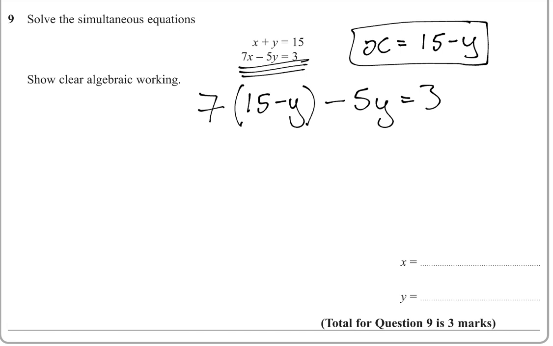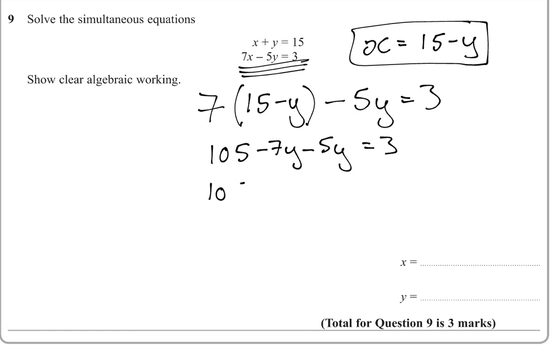So 7 times 15 is 105, minus 7y minus another 5y equals 3. So I'm going to take the minus 7y minus 5y over the other side.